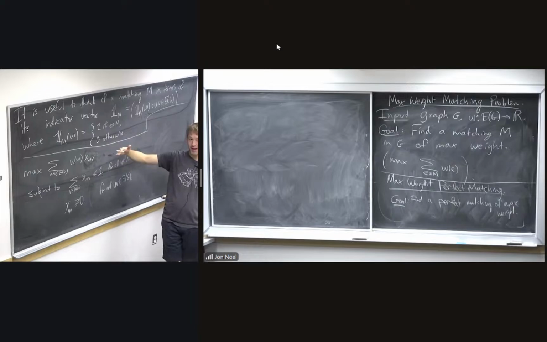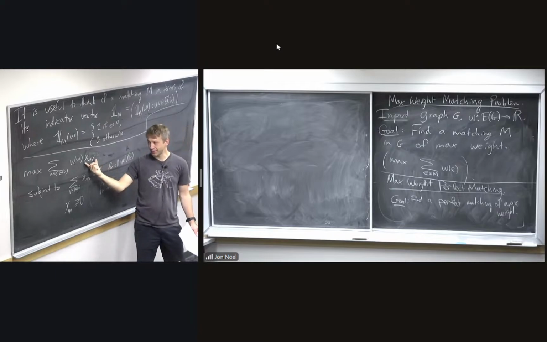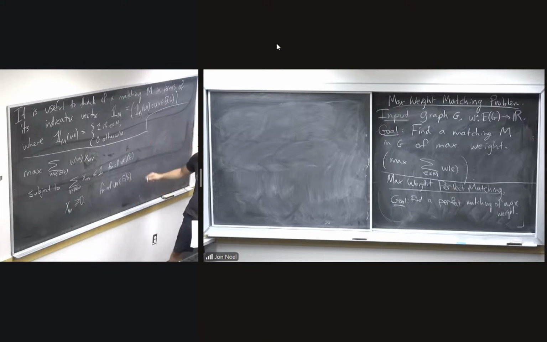The actual maximum may be attained at some point where the variables are fractional values. But this gives you an upper bound anyway. So the value of this LP is at least the answer to the maximum weight matching problem.